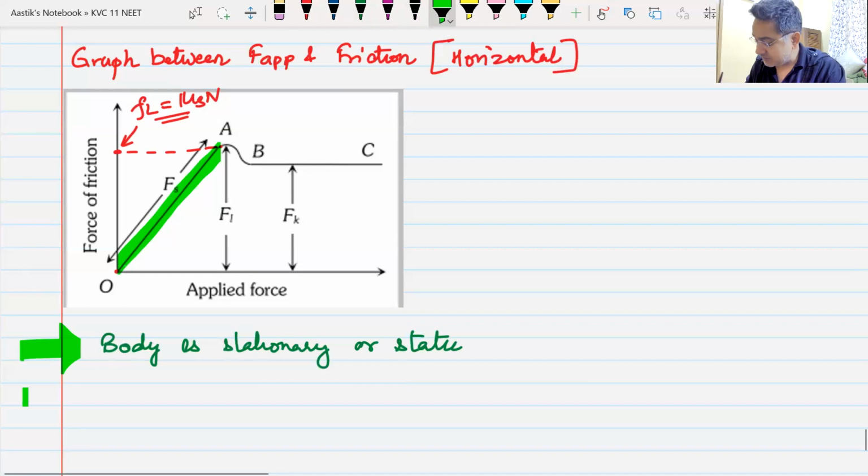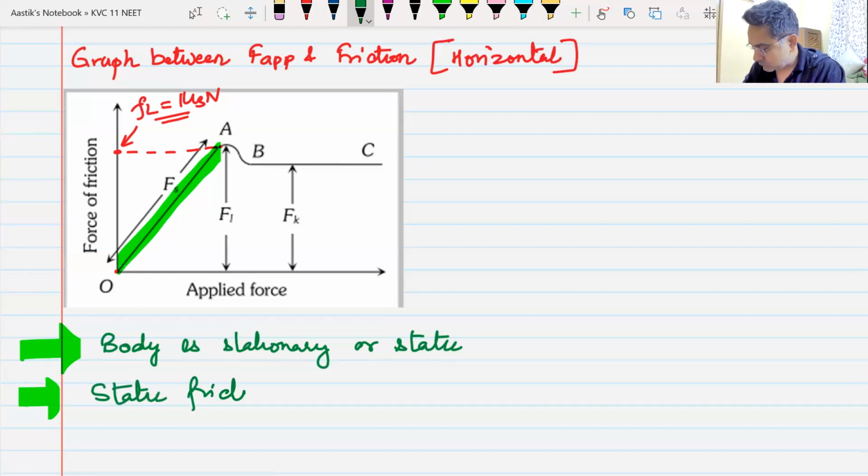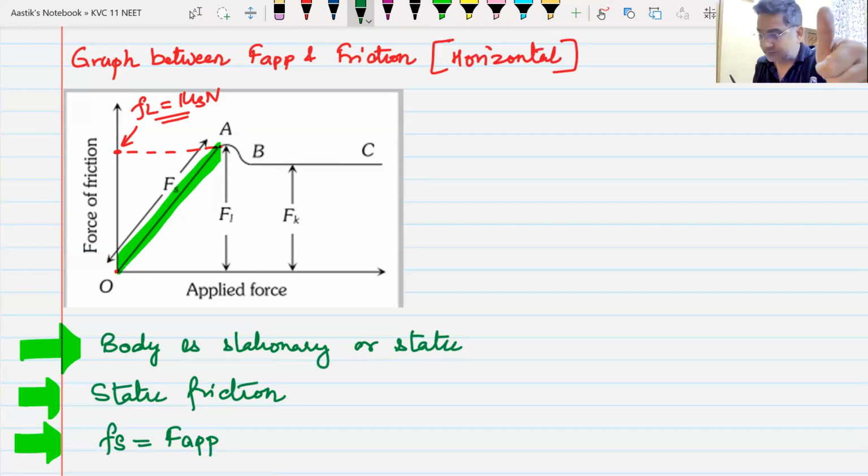In this green region, the friction is static friction. This friction is static friction. Also, the value of this static friction Fs will be equal to the applied force. Do we understand this? Yes or no?